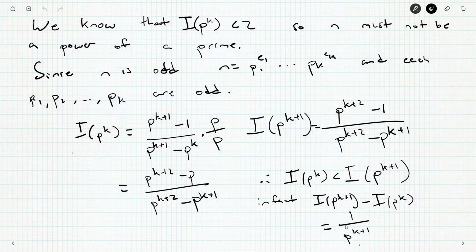But higher powers of k means higher values of I of p to the k plus 1, or higher values of I of p to the k. Does this actually help us with our primes, though?